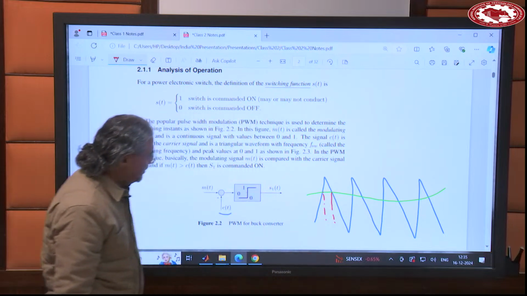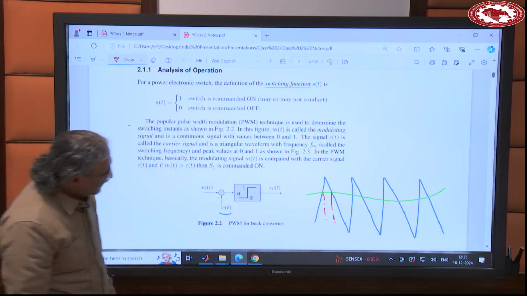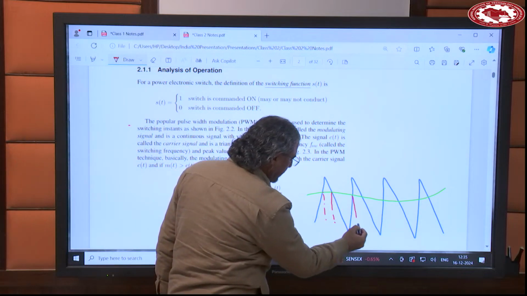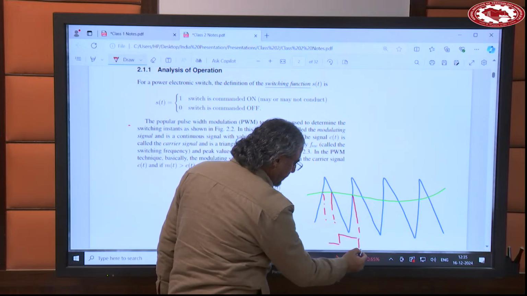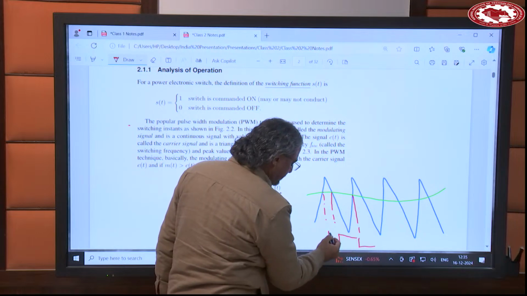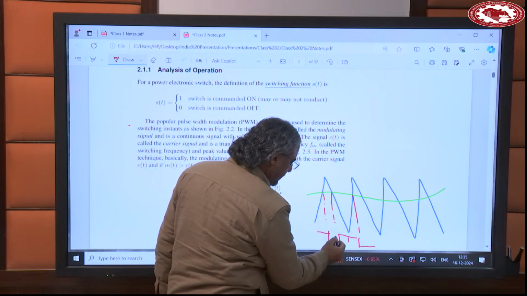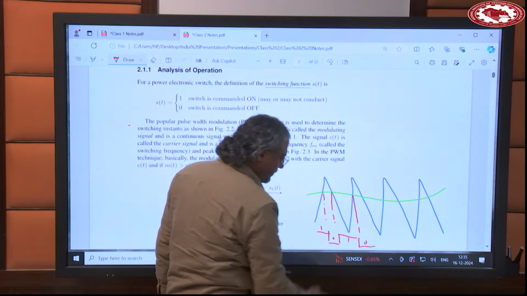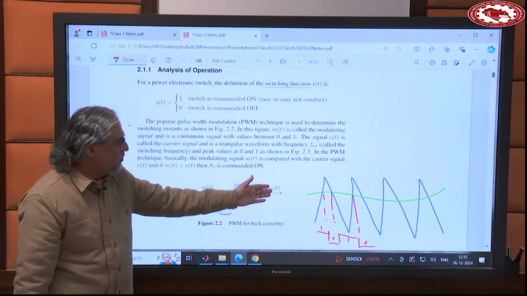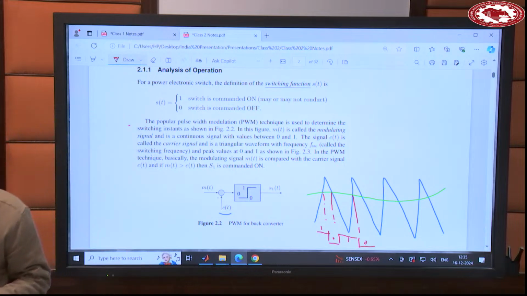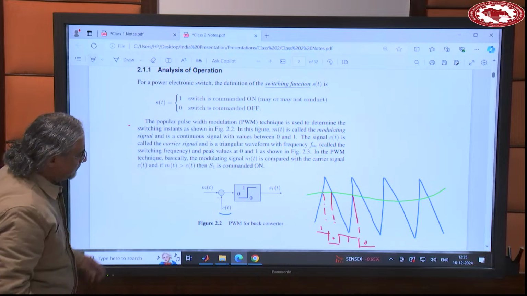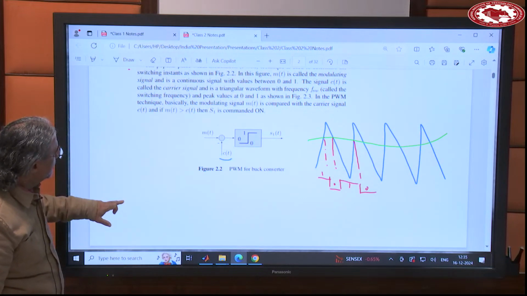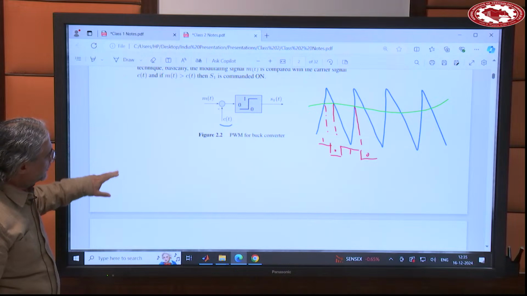In this region, M is smaller than C. In the other region here, M is larger than C. So here you have 1, and here you have 0. Right. So that gives you a switching function, either 1 or 0, depending on whether m is larger than c or otherwise. So this technique is called pulse width modulation.